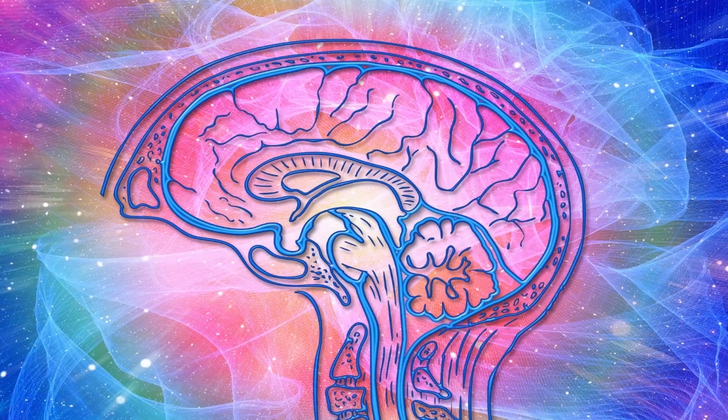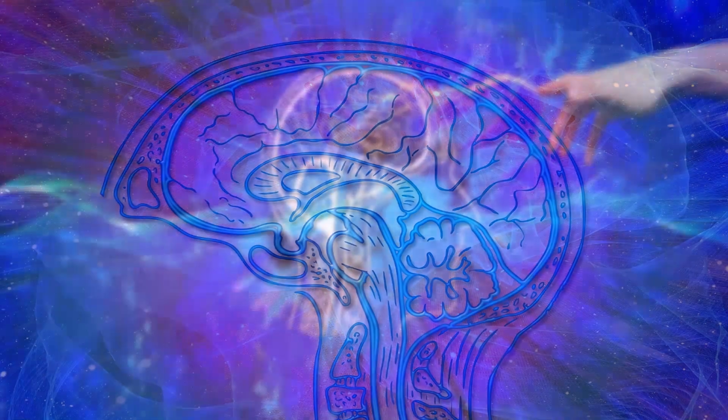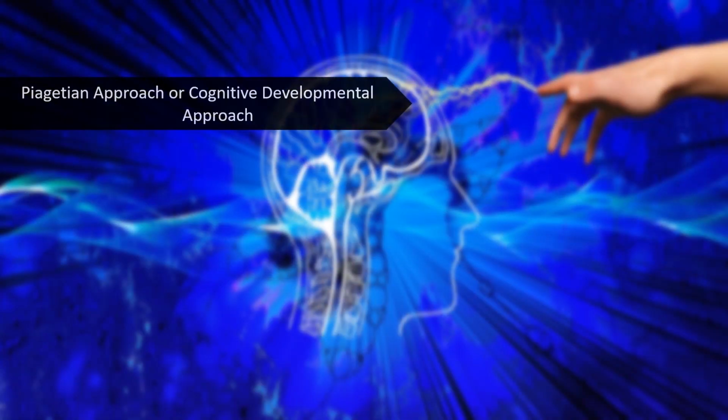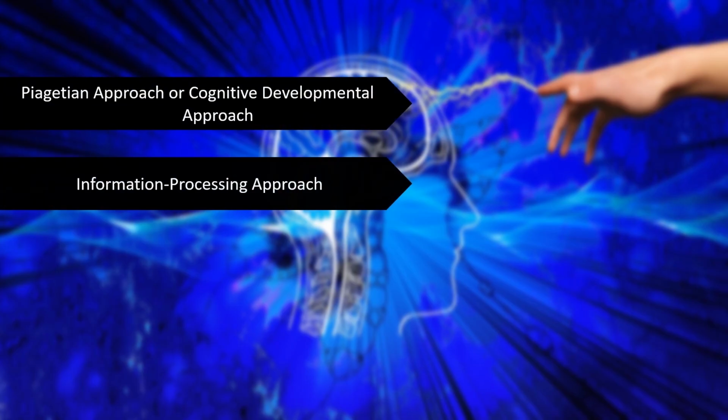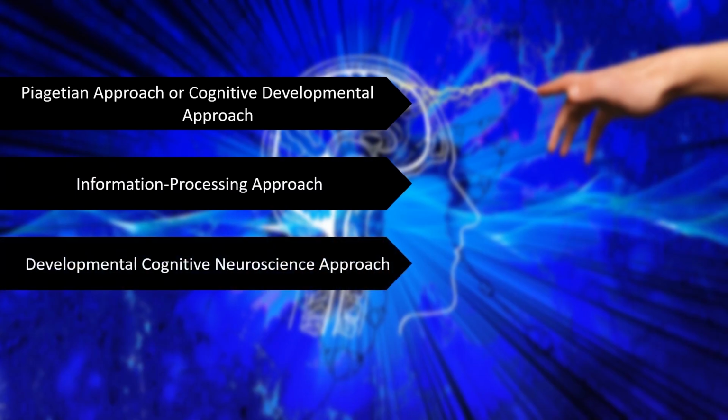In this video we will discuss the following main points as the three approaches related to cognitive development. They are the Piagetian approach or cognitive developmental approach, the information processing approach, and the developmental cognitive neuroscience approach.